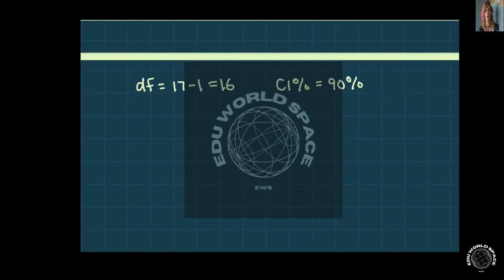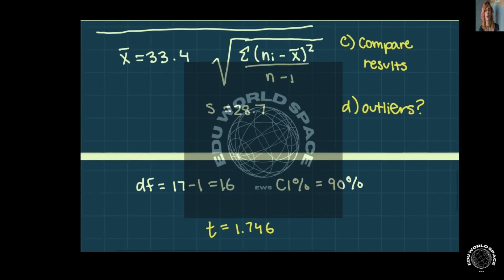So, using that, we can use our t-table at the back of the book, find degrees of freedom of 16, find the confidence interval column of 90, and it should intersect at a t-value of 1.746. Just going to write this in a different color so we can identify it later.